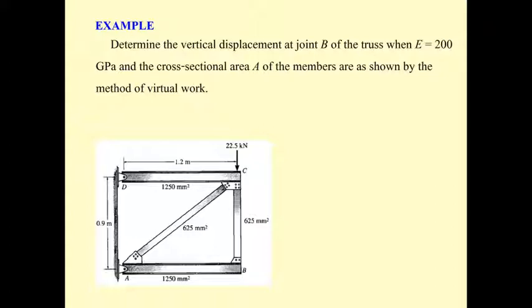The first one is the truss. This truss has different areas. It has different cross-sectional areas between the top chord and the bottom chord, and the top chord is not the same as the vertical chord and the diagonal.